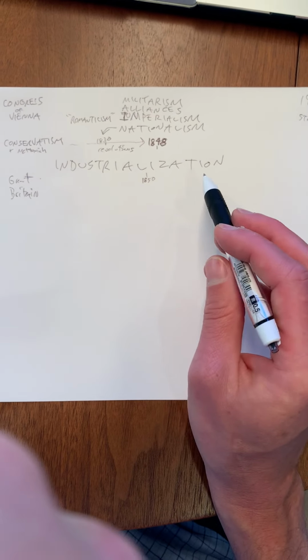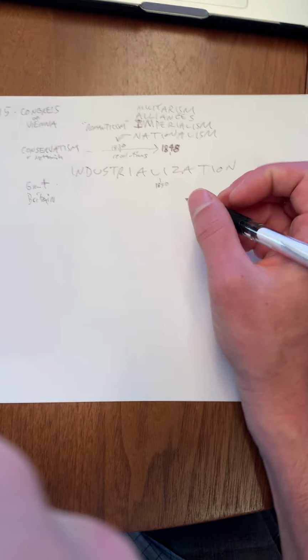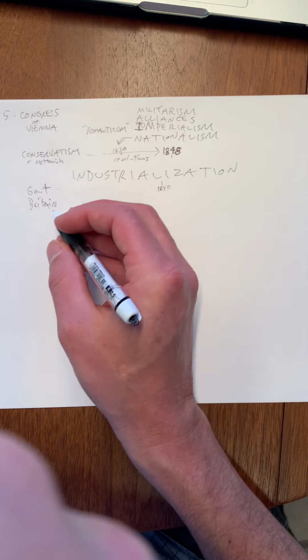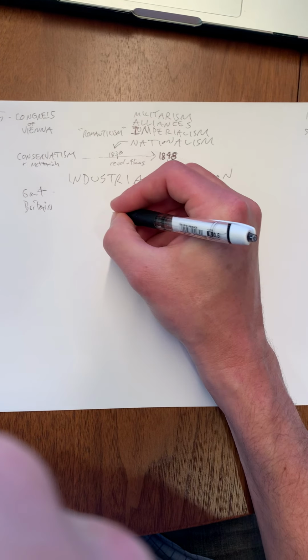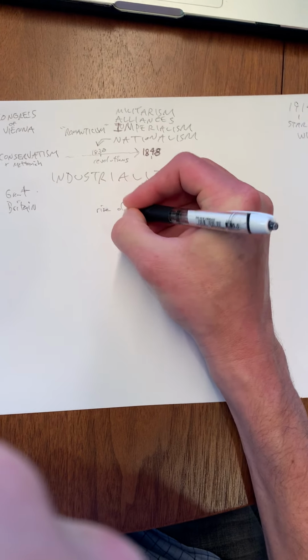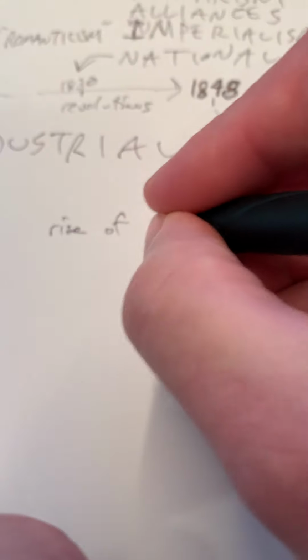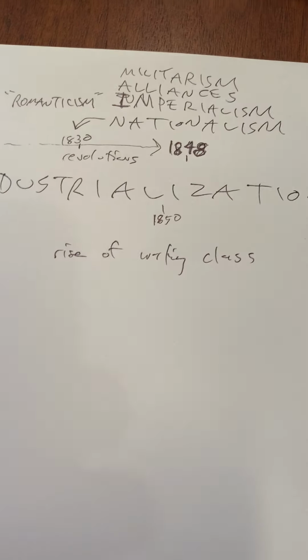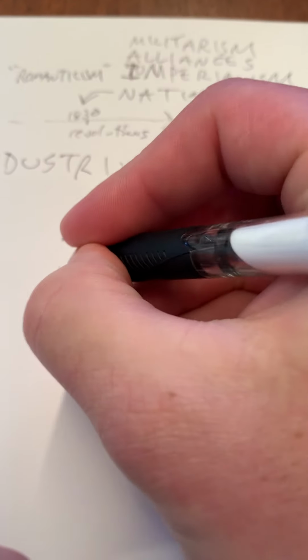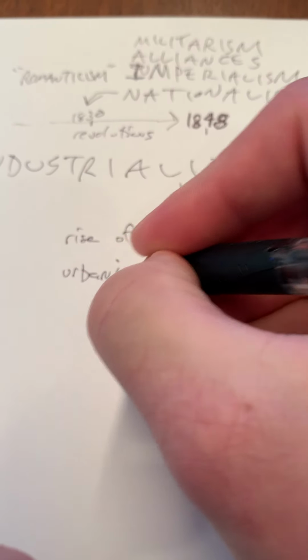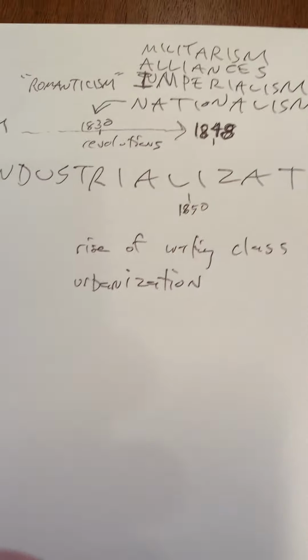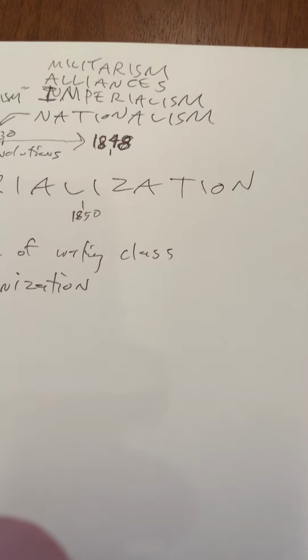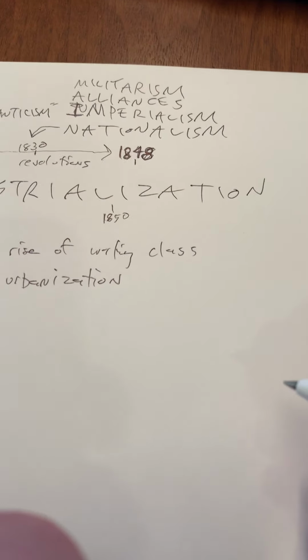As you have more industrialization, you have changes in those countries that are being industrialized. We have the rise of the working class, where you have massive urbanization. Then you have the responses to the rise of the working class and urbanization.